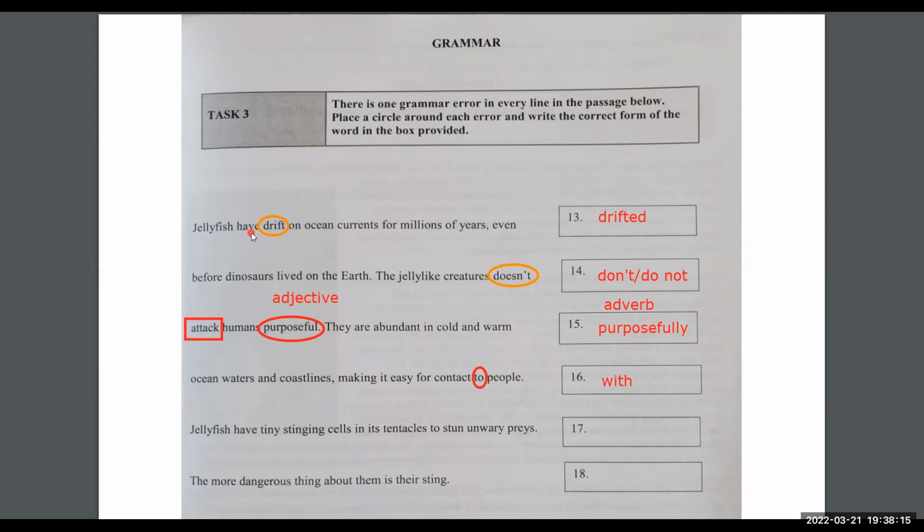So if we have jellyfish and we know that it is plural here, are we seeing anything that is not agreeing with this being plural? Tentacles. What about its?